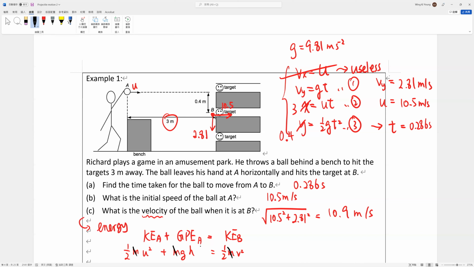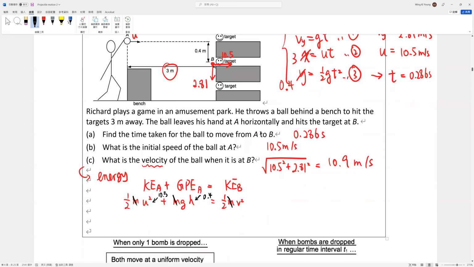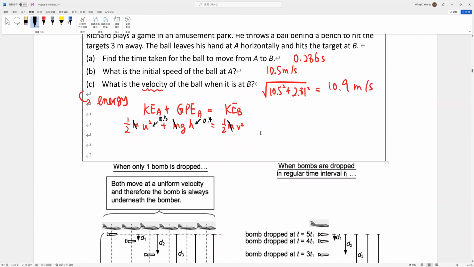The h is 0.4, because when you calculate the gravitational potential energy, you need to use the vertical displacement. Then u is 10.5. You get the same answer. Believe me, okay? You get the same answer. Okay, now let's move on.